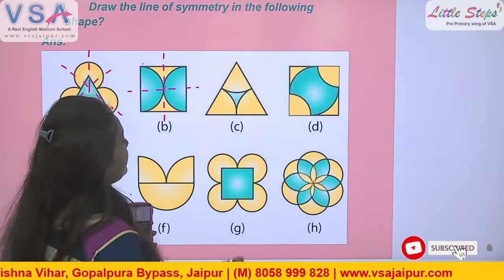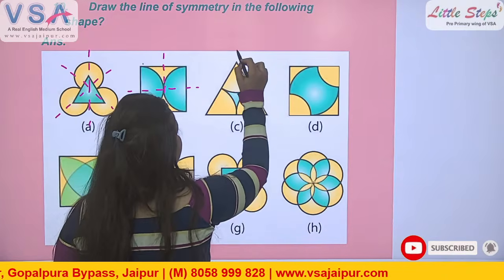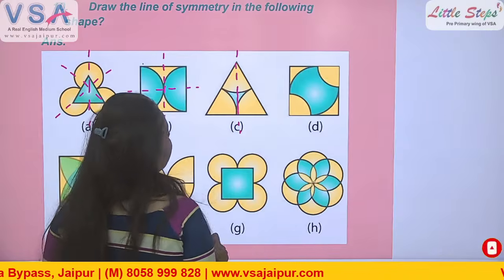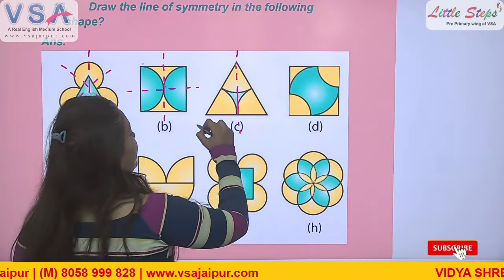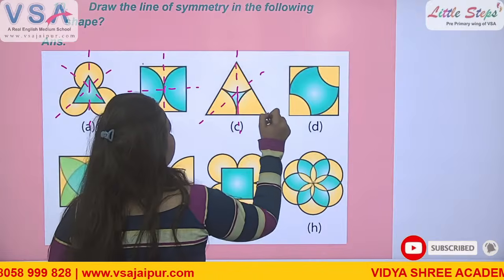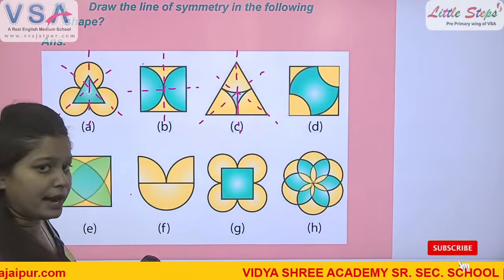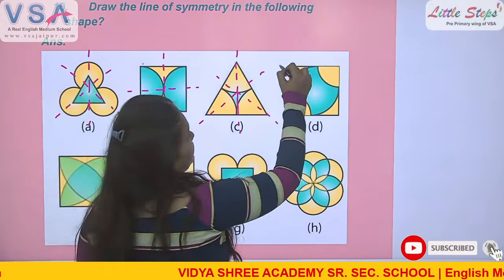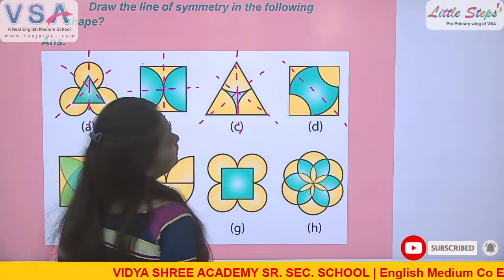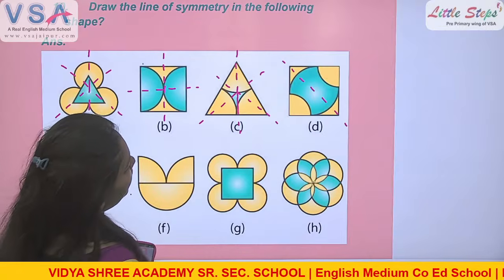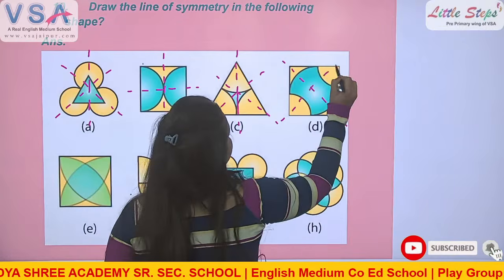Clear? Again we have a shape, we will divide this into 1. Okay, and as well as we can do this by this, and diagonals are also there in triangle. So we can make 3 lines of symmetry in this figure. In this we can do the diagonal one and we can do another diagonal also.